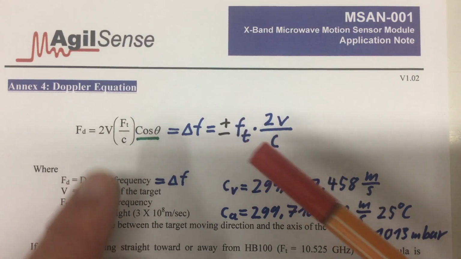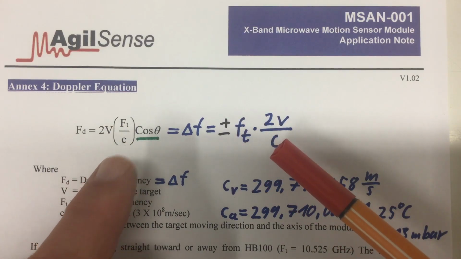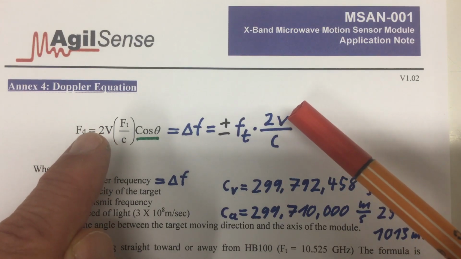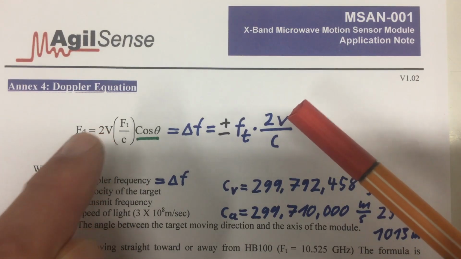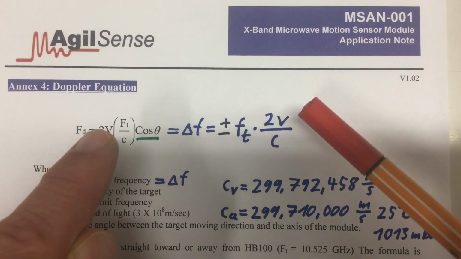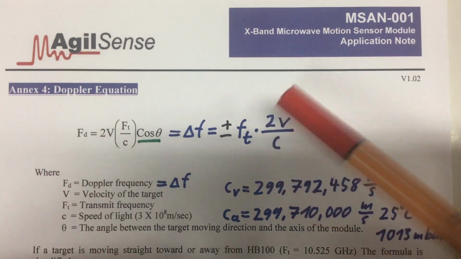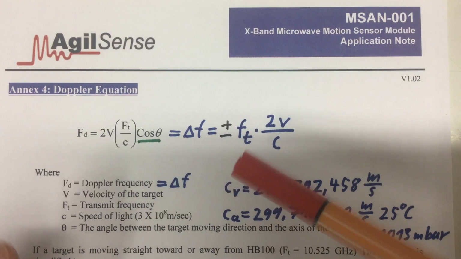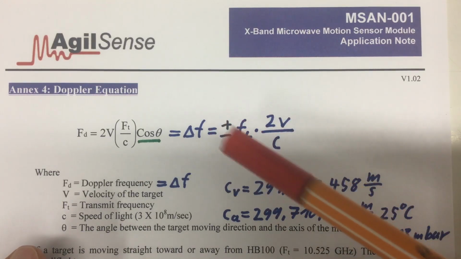So there's the ft, there's our speed of light c, and there's our 2 times the relative velocity between radar and the object. For reasons that will become clear later, they also drop the plus minus.